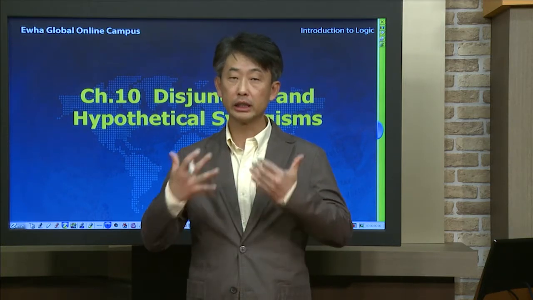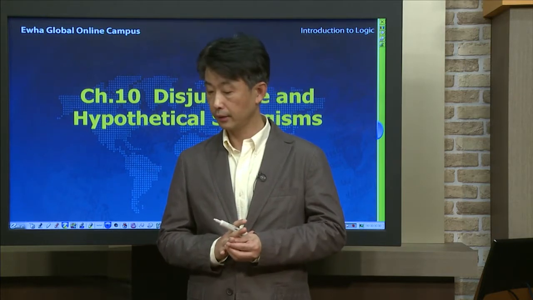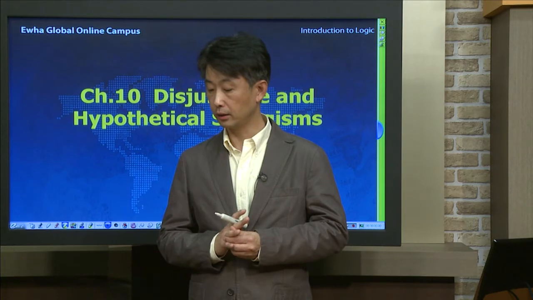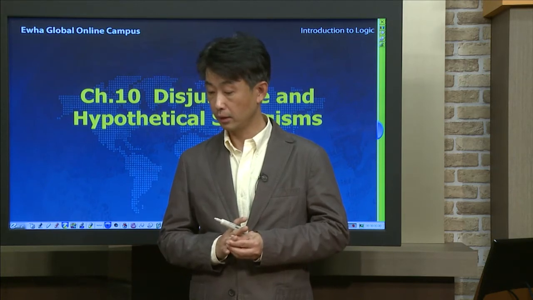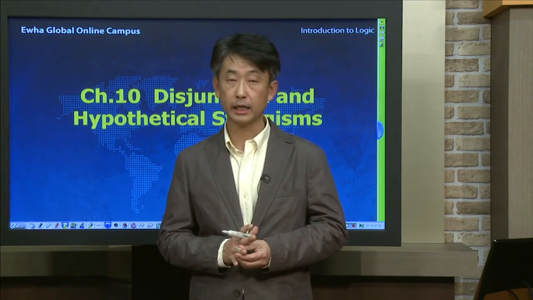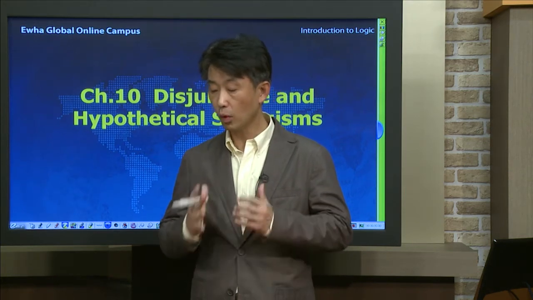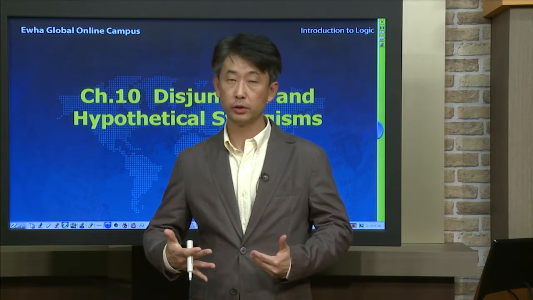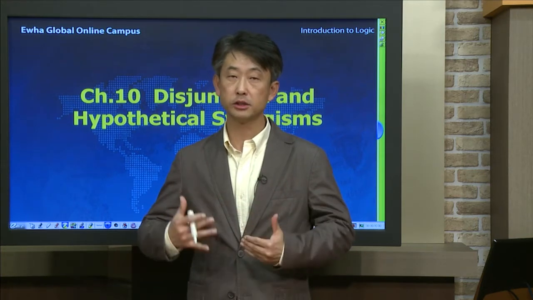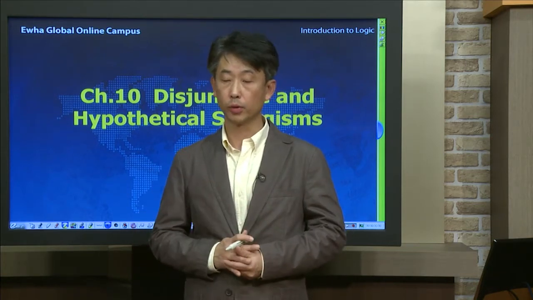These patterns are recurrent, very familiar to us, and that's why I think the author introduces these four types of valid arguments in this chapter. Okay, so this is more like a warming up for the propositional logic system that we are going to learn for the next couple of weeks.